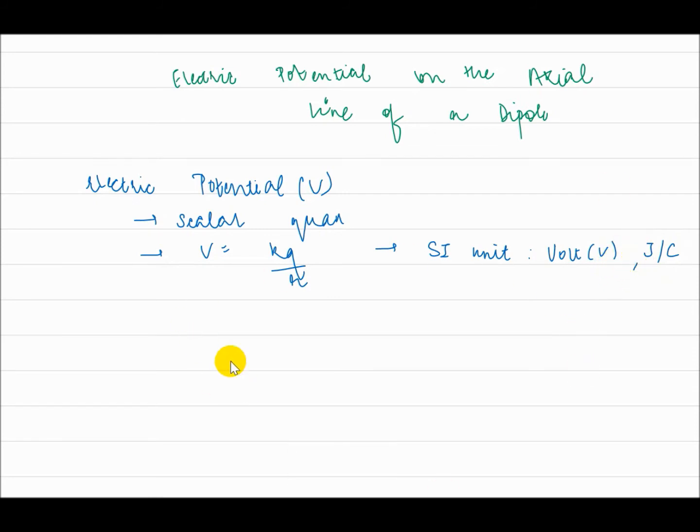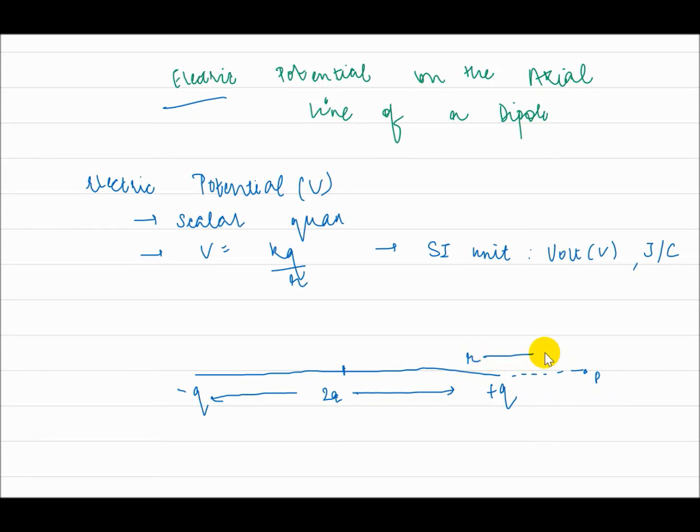So for this derivation, we'll make the diagram: minus q, plus q. The distance between them is 2a. We'll consider the point of observation as point P, that is at a distance r from the center of the dipole.